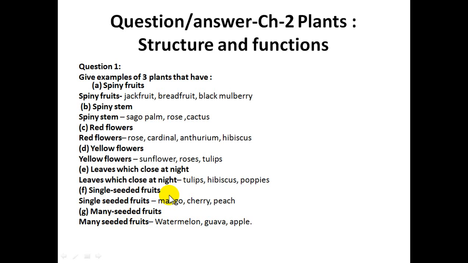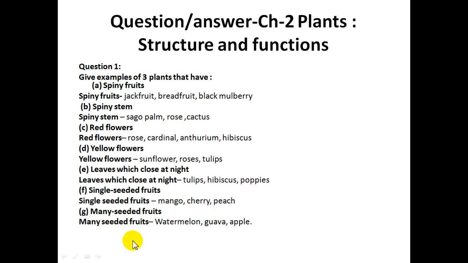It's not known as monocotyledonous, the seed which has a single seed. Monocotyledons is different. Monocotyledons are those seeds which we will dissect later on, and which will not be divided into two equal parts. But dicotyledonous seeds are divided into two equal parts. Okay, so that is different. It is talking about the fruits which contain only one seed. So mango, cherry, and peach are the very common examples.